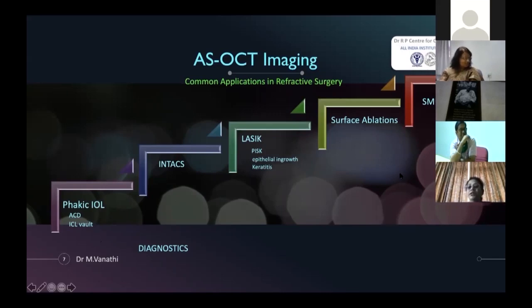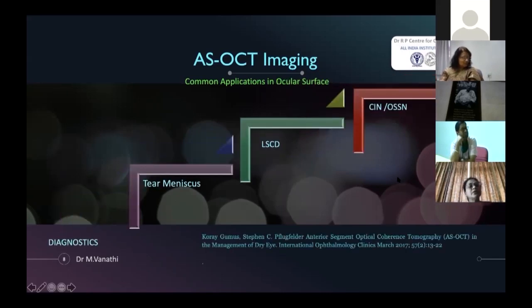In surface ablations and of course in SMILE, it has huge implications in diagnostic value. In ocular surface, you can image the tear meniscus. You can look at the conjunctivalized epithelium on the limbus and the corneal surface using the ASOCT, and it has very good applications in anterior segment ocular surface squamous neoplasias here.